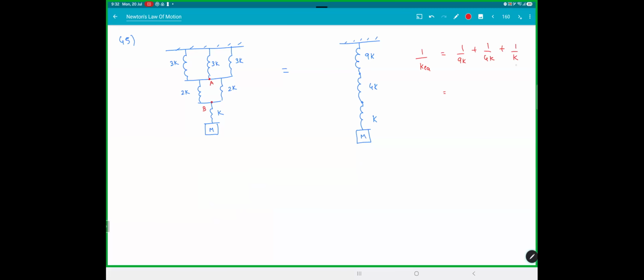So that would be 49 by 36K, which means you can replace all these three springs with one spring of 36 by 49K. That means K equivalent into X is equal to mg, so X is 49 mg by 36K. This is the distance moved by the block.